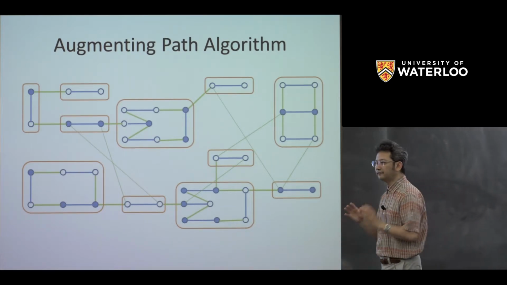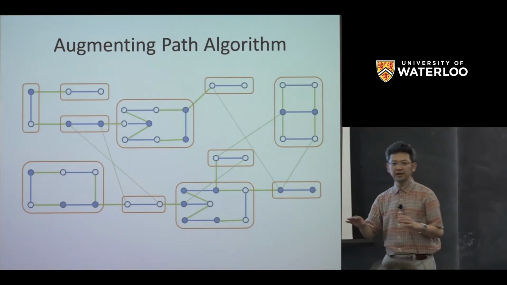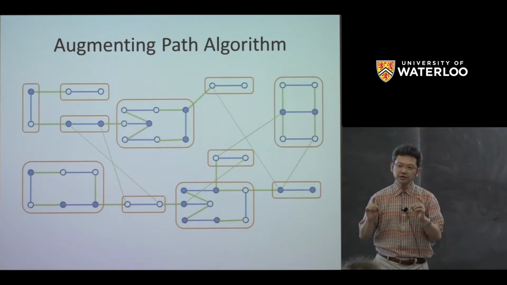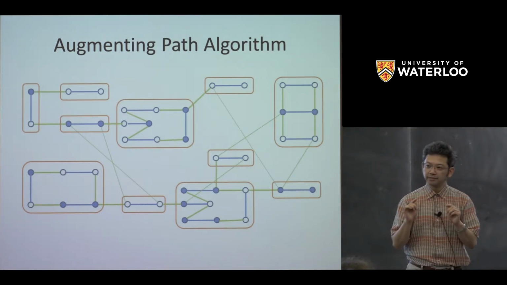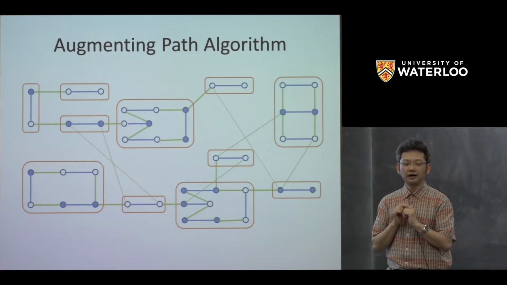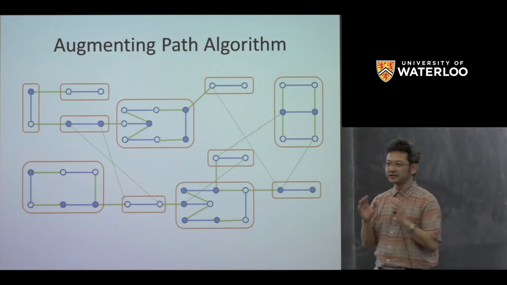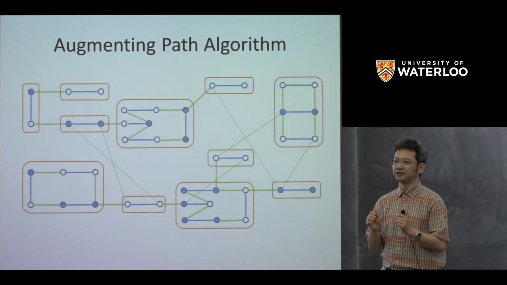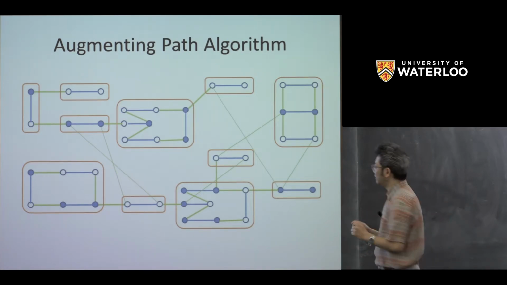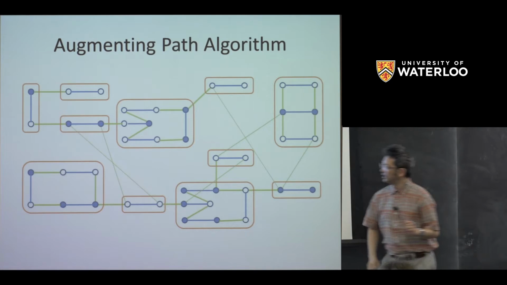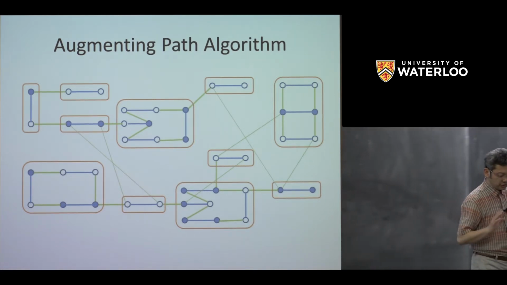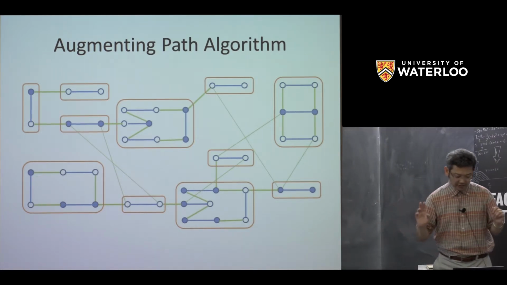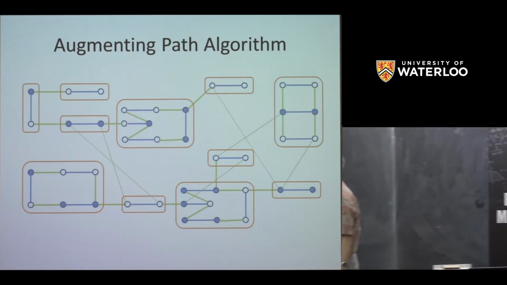What if we can't find an augmenting path by searching that way? So here's a very important philosophy behind augmenting paths. If you get stuck, you must be able to find something good, okay? So, in fact, if you don't find an augmenting path, then you will obtain this kind of configuration.